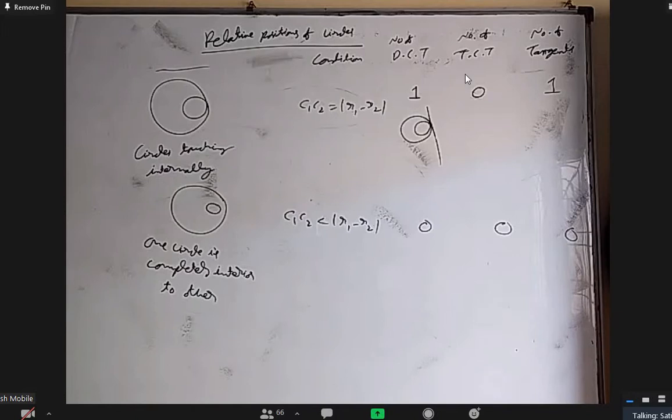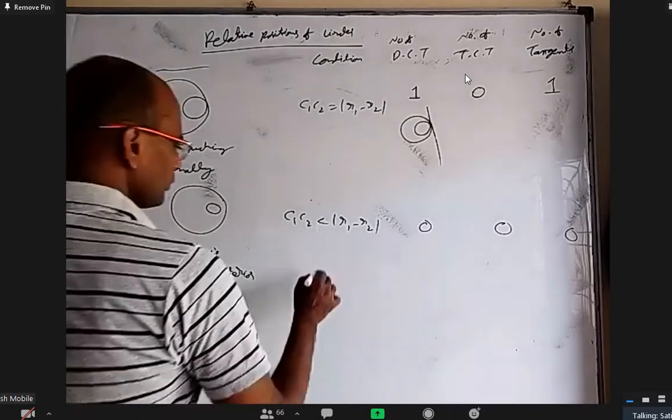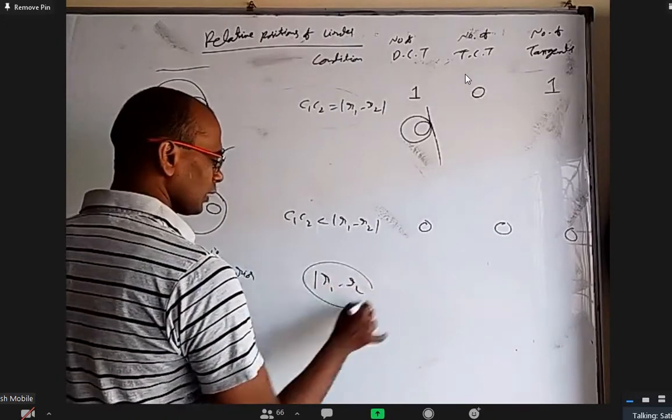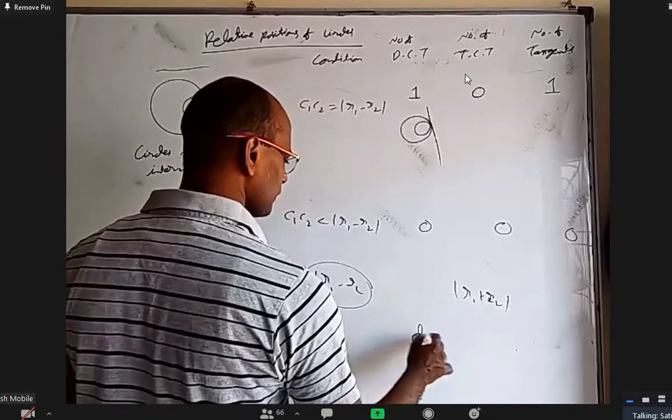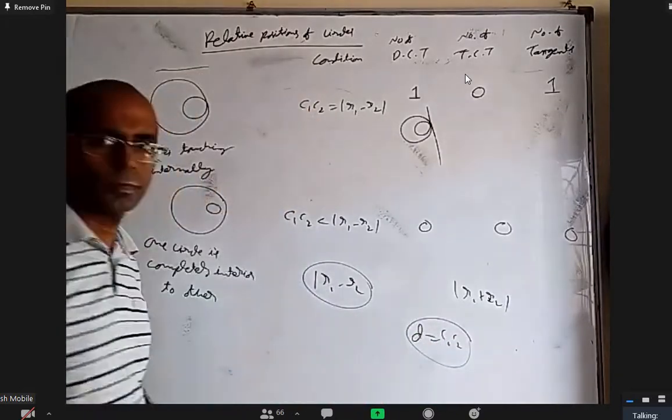Okay, so everybody clear on all the 5 cases? Whenever they give 2 circles, you simply find the center of the first circle, the center of the second circle, find the distance between the centers, find R1 and R2, and find R1 plus R2 and R1 minus R2. Then see where the distance between centers lies.